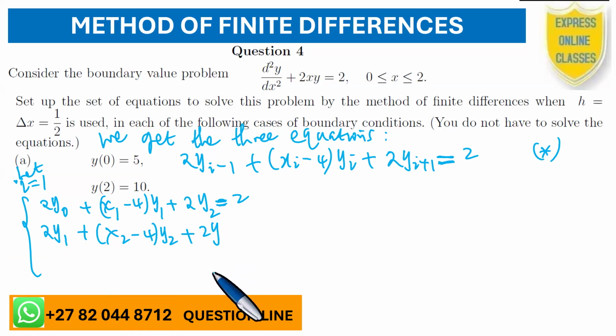So when i equals 2, we have 2 minus 1, which is 1. 2 here, y2 there. And then obviously we're going to continue to analyze that. And then we have 2y3, and the result is still equal to, okay, yeah.